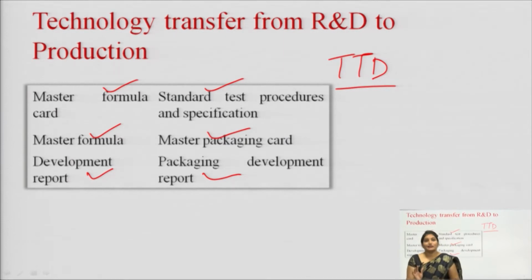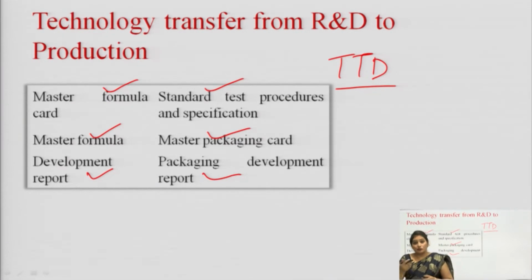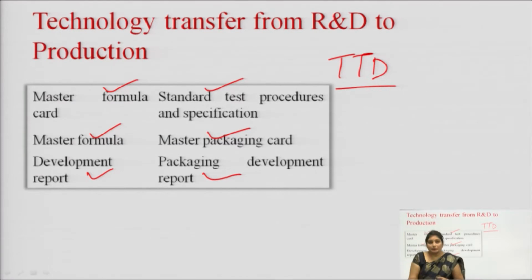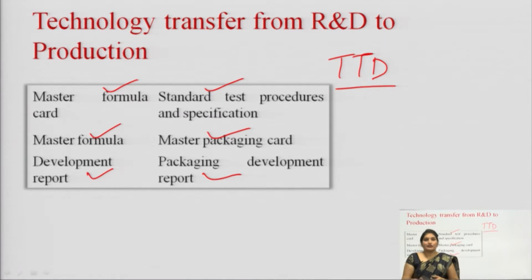There are various individuals and representatives from different departments involved in the technology transfer process. These can be an R&D representative, a QC representative from the quality control department, a QA representative from the QA department, other administrative staff, other supporting staff, etc. They all collaboratively work to transfer the technology from R&D to production.